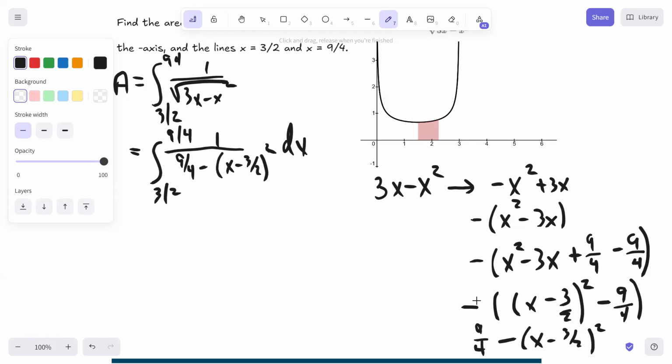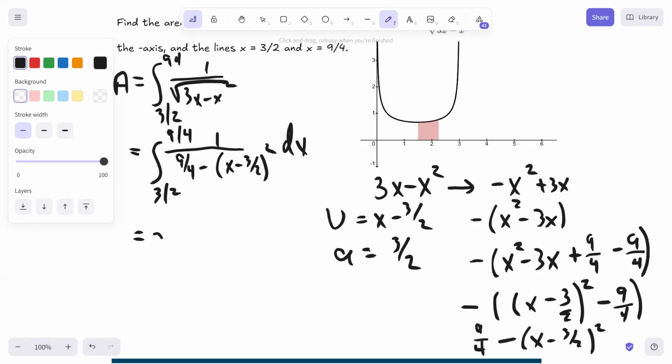Okay. And here in this situation, the u is x minus 3 halves. And the du would line up perfectly, just giving dx. And the a is 3 halves because 9/4 is 3 halves squared.